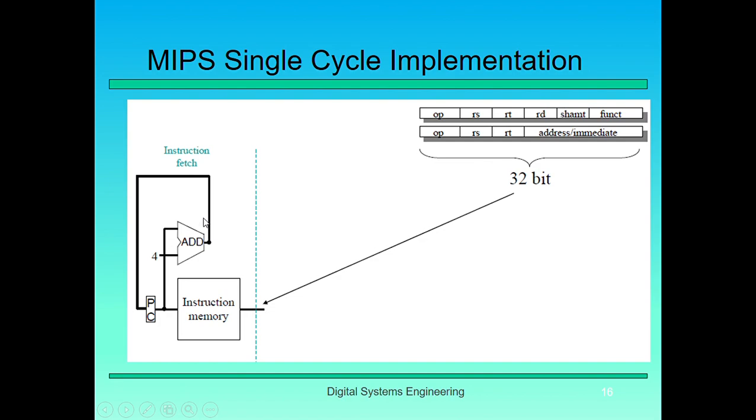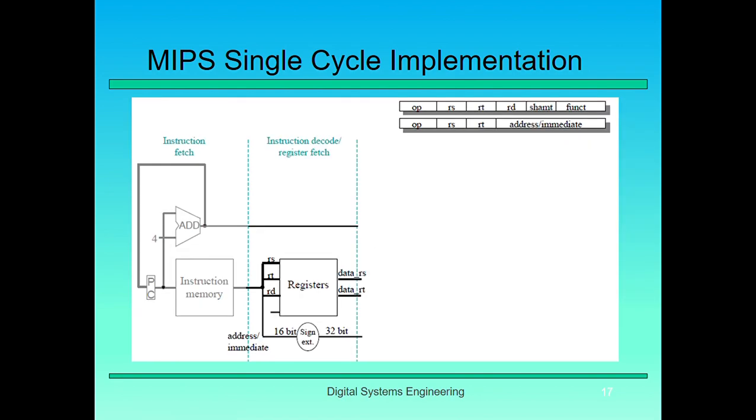The adder is responsible for incrementing the program counter to hold the address of the next instruction. It takes two input values, adds them together, and outputs the result. So this is the hardware for the instruction fetch.